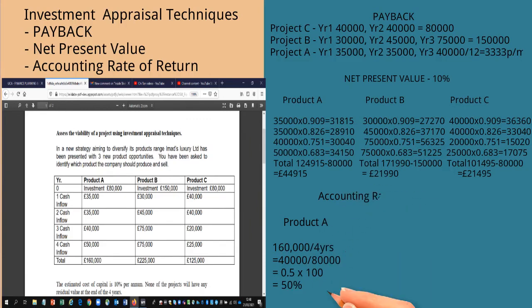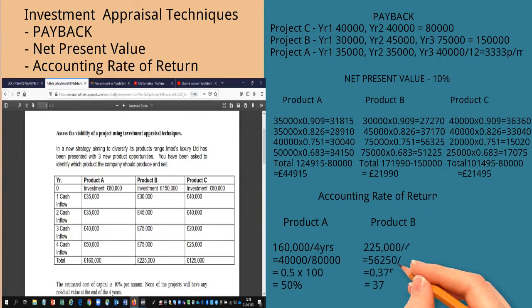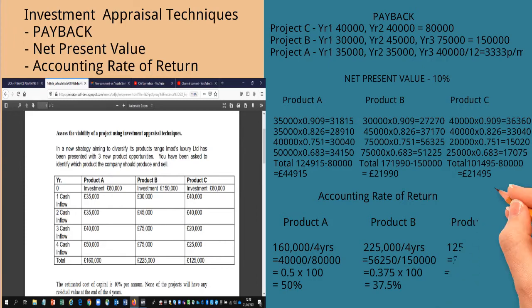The next technique that we're going to be looking at is the accounting rate of return. This is the percentage of return that is expected from an investment or asset compared to the initial cost of investment. So typically ARR is used to make capital budgeting decisions.